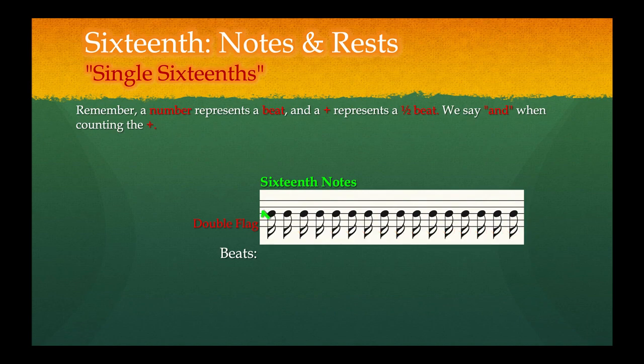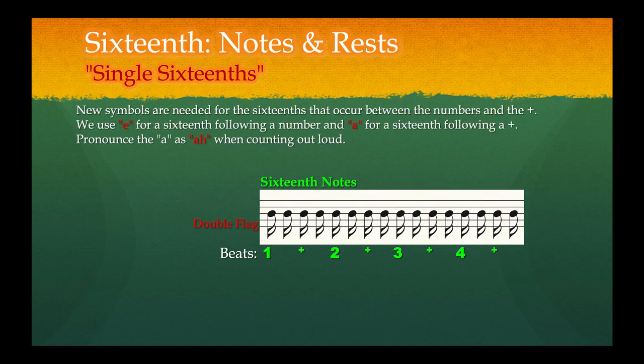Remember, a number represents a beat, and a plus sign represents a half a beat. We say "and" when counting the plus sign. New symbols are needed for the 16ths that occur between the numbers and the plus signs.